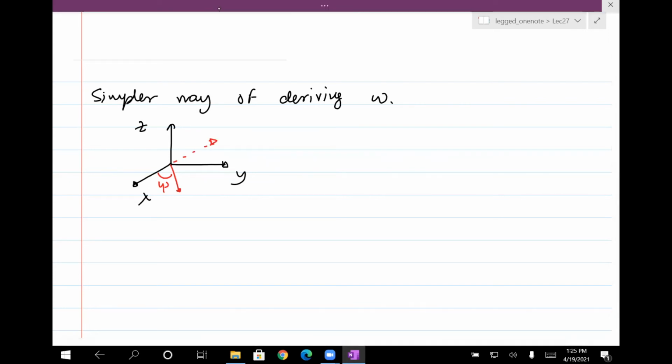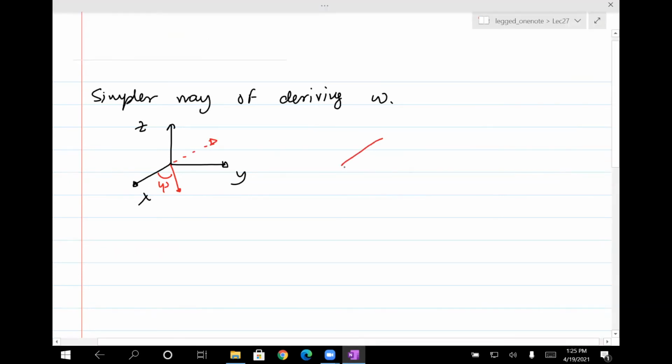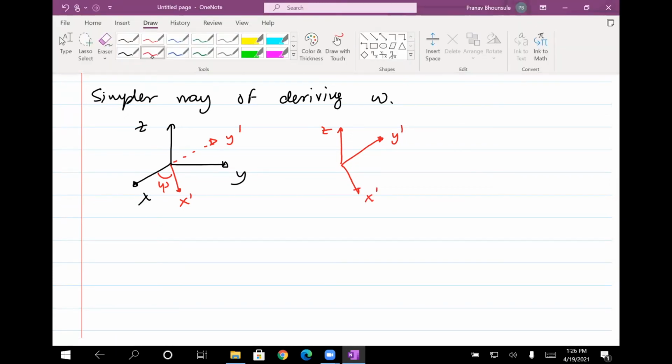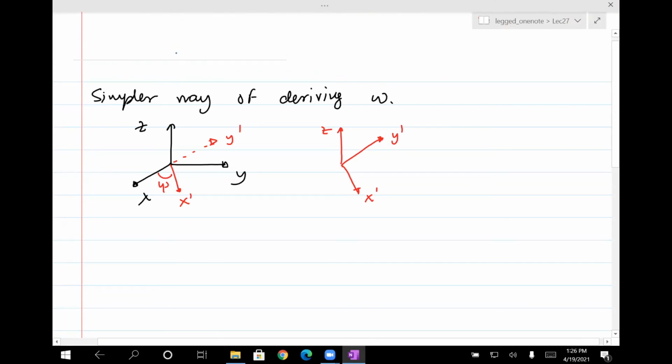Then when we undergo rotations by psi about Z, this is the new X, this is the new Y. Okay. Next, we undergo rotation about the Y axis by theta.